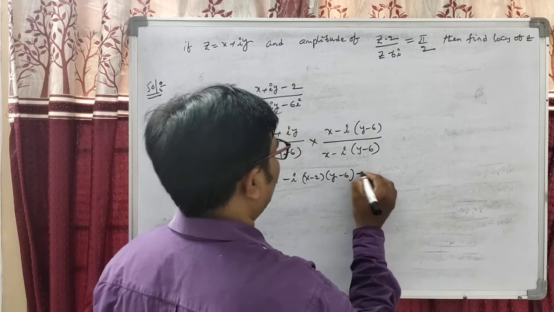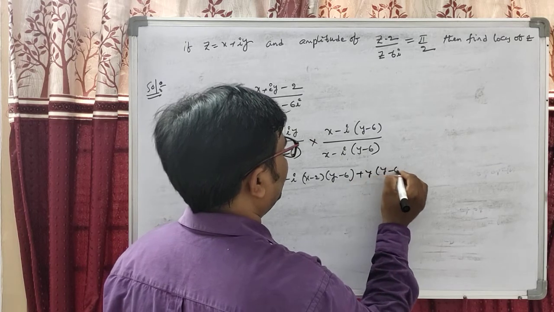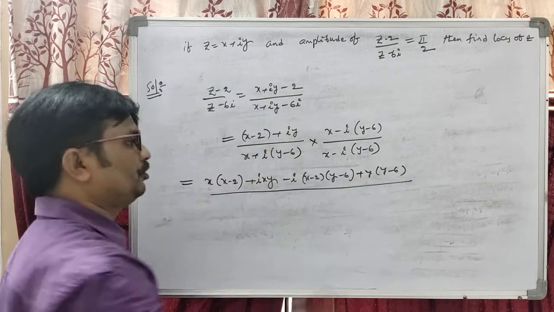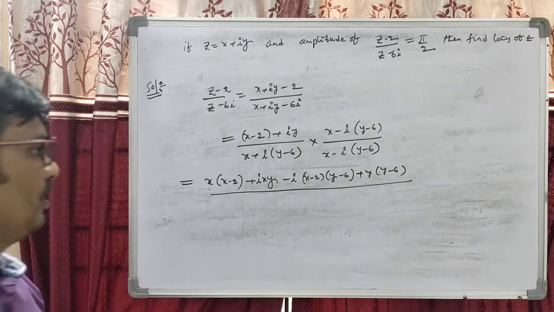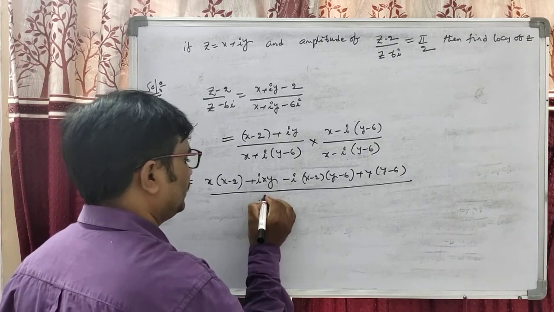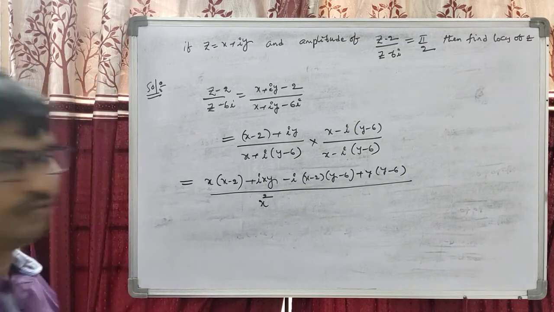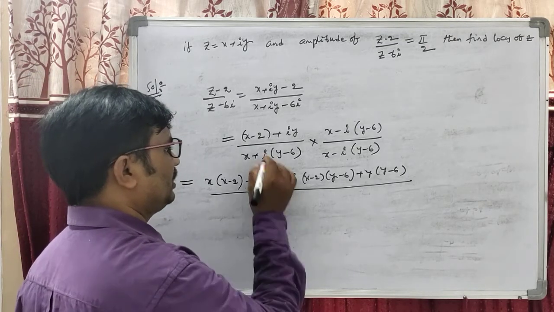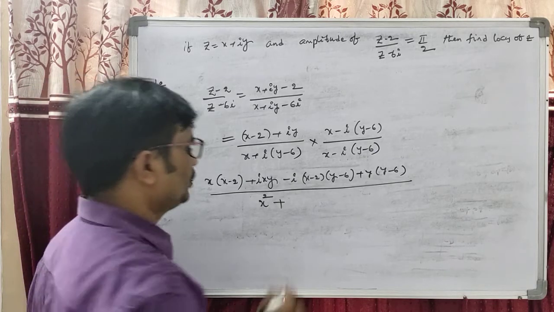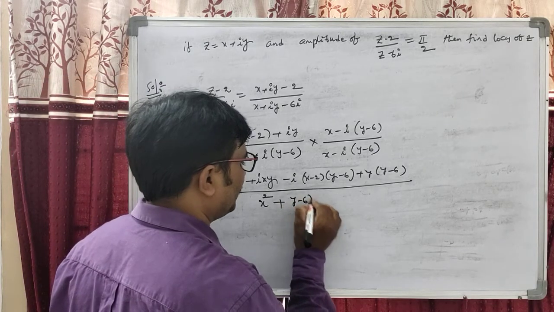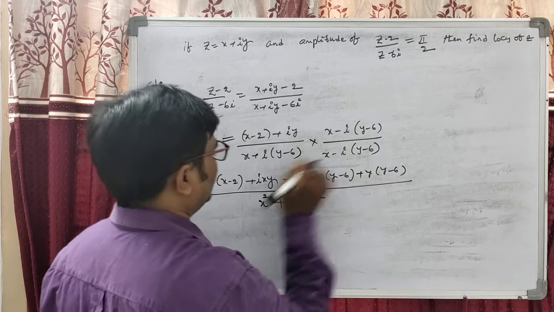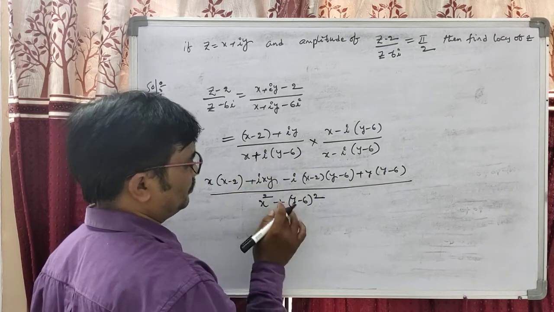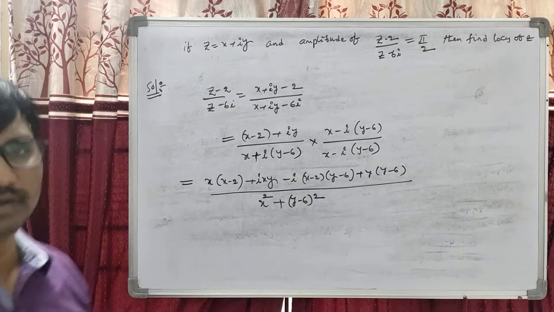Minus minus plus, y into (y minus 6), upon the denominator (a plus b)(a minus b) equals a squared minus b squared. A squared is x squared, minus b squared where i squared is minus, that is a plus, so it is (y minus 6) whole square.